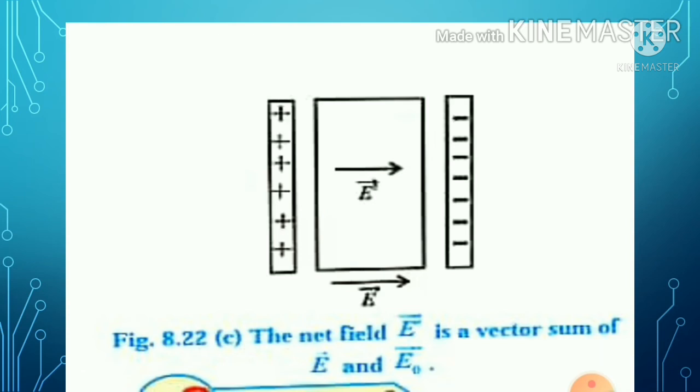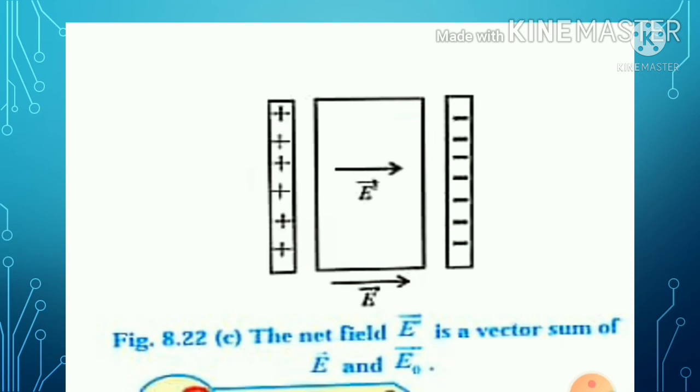8.22c. So in this way, from the above three figures, we can conclude that the net electric field E dash bar is the vector sum of E bar, that is the external electric field, and the polarization electric field E0 bar.